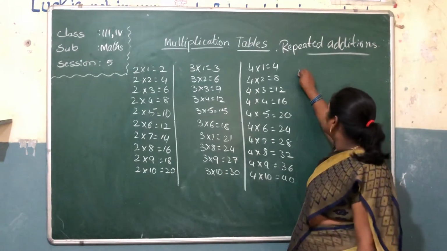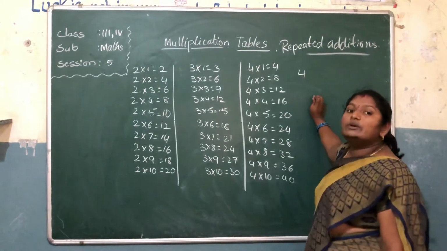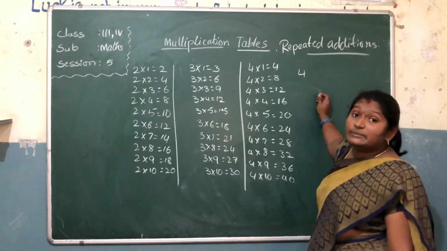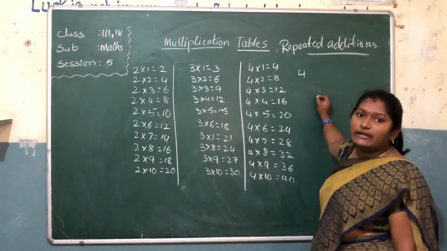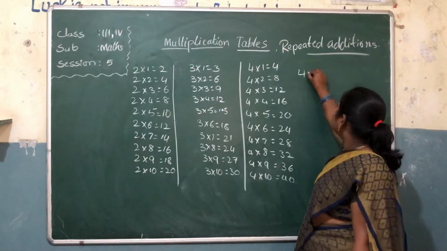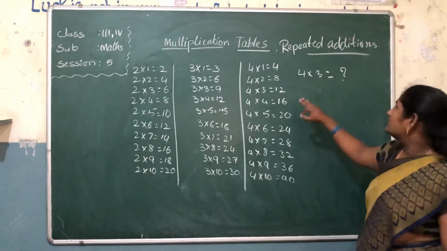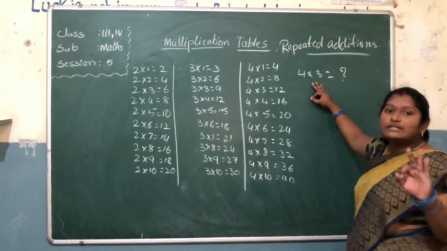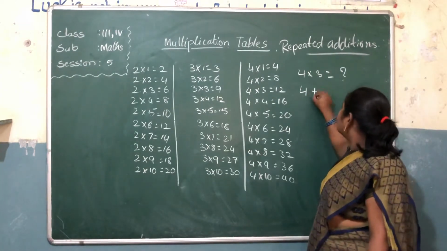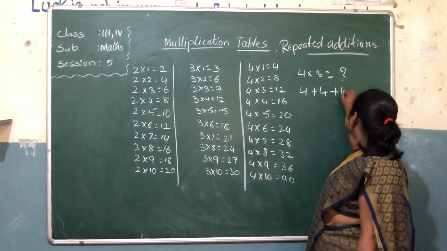You have to add the 4 three times. How many times? 3 times you have to add. 4 into 3, what is the answer? You forgot. Okay? So you have to add the 4 three times. See here: 4 plus 4 plus 4.